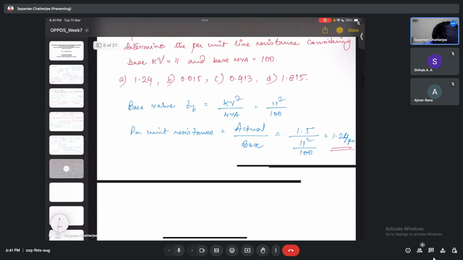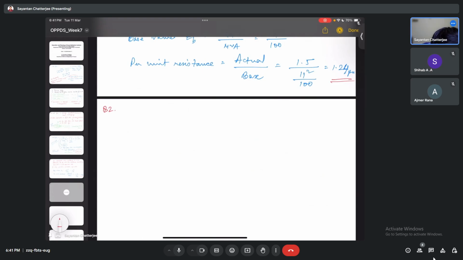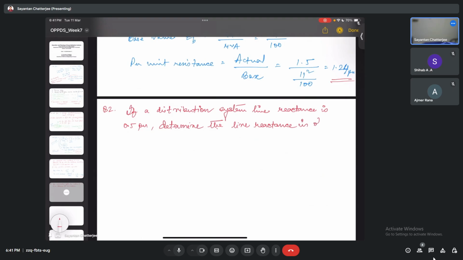Okay. Moving on to the next question. If a distribution system line reactance is 0.5 per unit, determine the actual value of reactance, base kV 11, base MVA is 100.